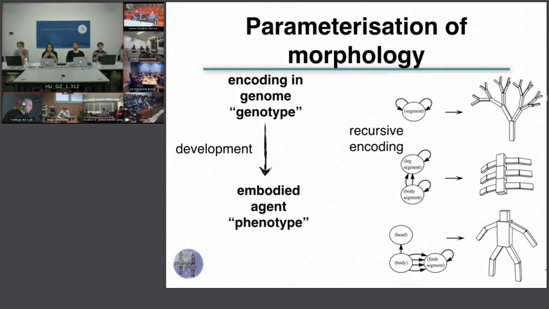So this whole structure, the morphology of the agent, develops, and it is done by some recursive encoding. So you have these segments, and you encode how these segments are connected with other segments, and you can see on the right here how from these simple rules, these simple encodings, which is the genotype, you can create the phenotype, which is the structure of the agent.